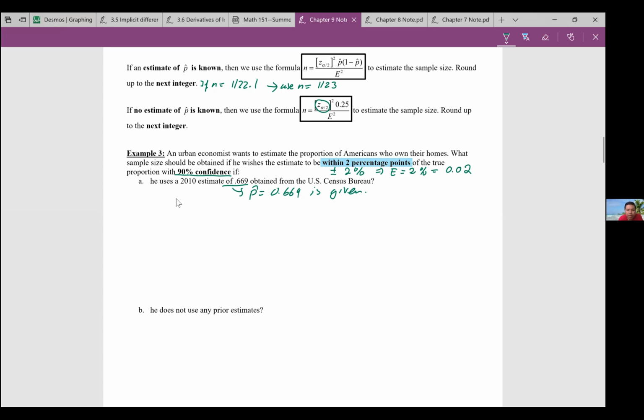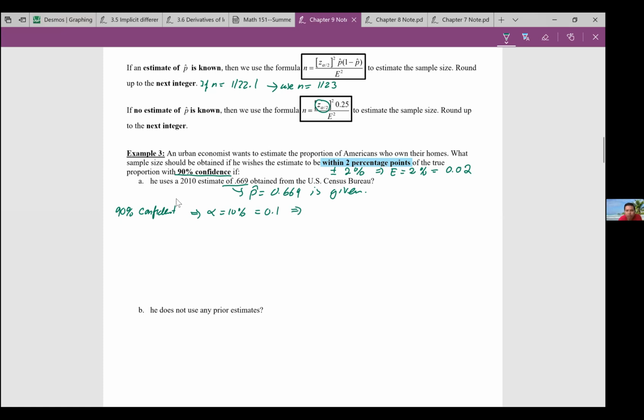So 90% confidence means that alpha equals 10%, right? So when you are 90%, you are 10% not confident, which is 0.1.